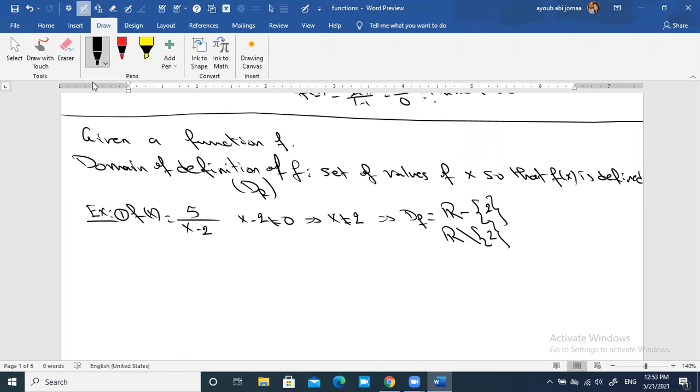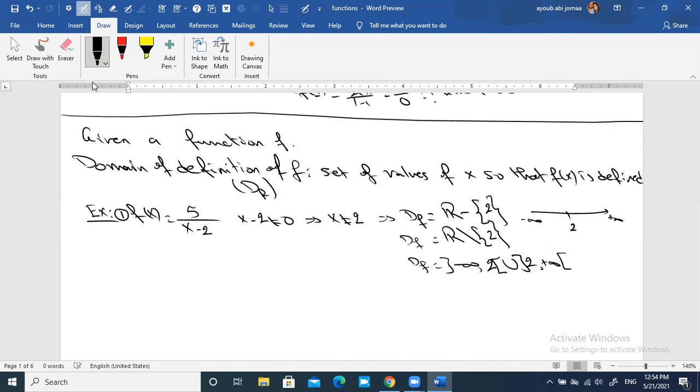To write the domain as an interval, it is from negative infinity to 2, open interval, union 2 to positive infinity. For those who forgot, think of the number line from negative infinity to positive infinity.